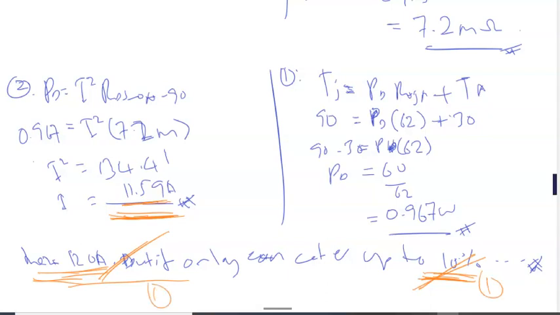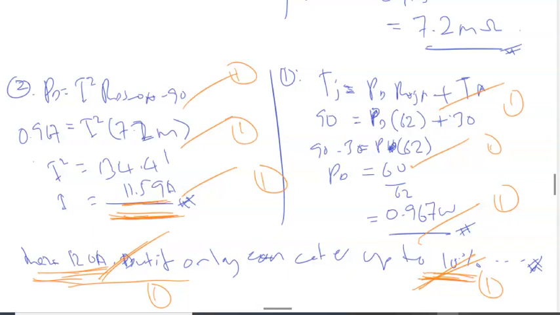Then the other is that you have the mark for answer. You have mark for your steps. You have mark for your formula. So we have 5 over here. 1 mark for answer, 1 mark for your step, 1 mark for your formula.